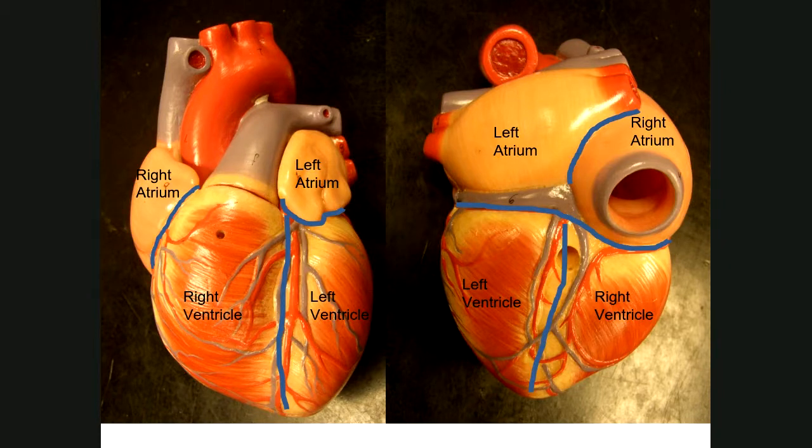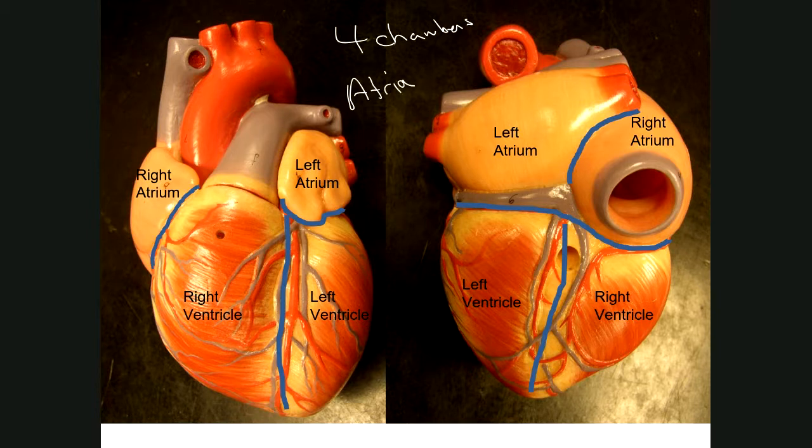And when we look at the heart, human hearts, like all mammals and birds, have 4 chambers, 4 hollow spaces. 2 of these are called atria, or atrium is singular.